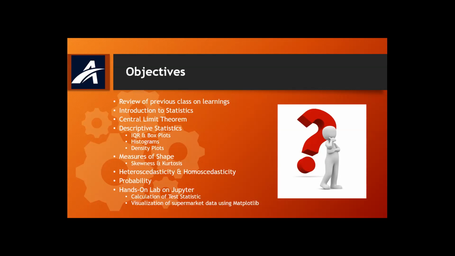We'll also cover descriptive statistics, measures of shape, heteroscedasticity and homoscedasticity, and probability. Then if time allows, we'll have a look at hands-on Jupyter. If we run out of time, then the Jupyter notebook will be a take-home. For the Jupyter notebook that was shared previously, you'll need to review and revisit it, and what I would recommend is that you open a completely new notebook and try to reconstruct it. That is going to help us a great deal.